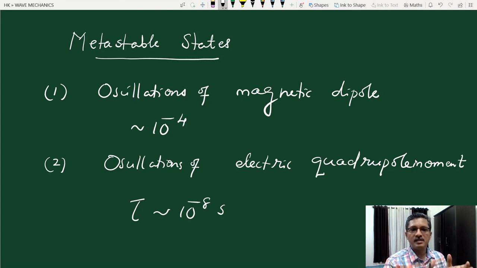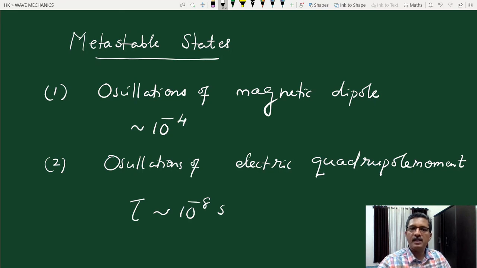Okay, but since these are less efficient processes, such radiative transitions from an initial excited state to a final state will be slow. So if the radiative transition is slow, then this excited state will have a significantly longer lifetime, very much longer compared to 10 raised to minus 8 seconds.